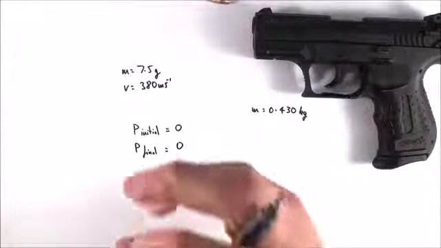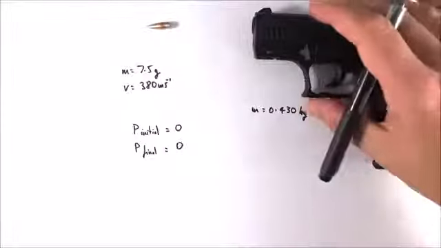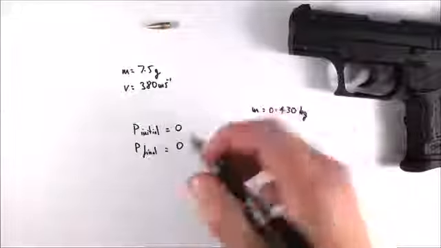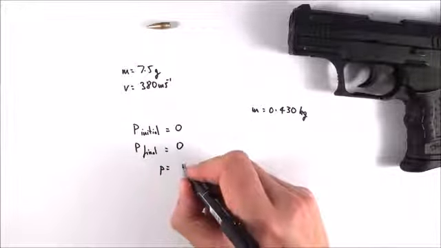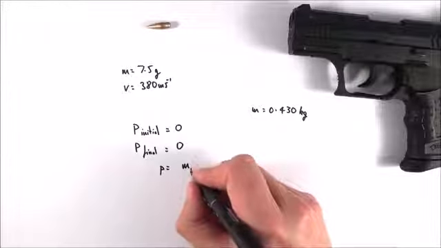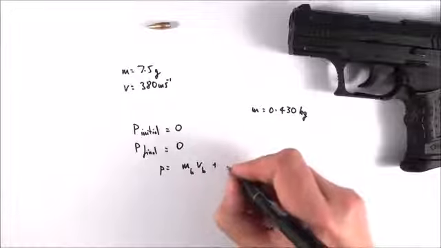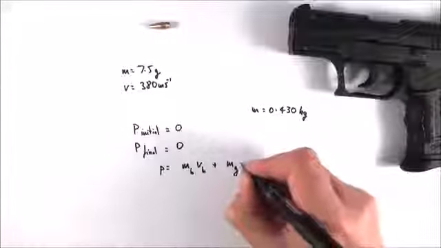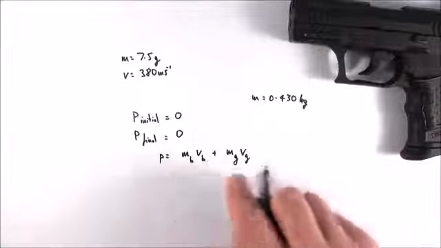But what is this final momentum made up of? First of all, you've got one thing which is moving to the left, and you've got something else which is moving to the right. So that final momentum, P, is equal to the mass of the bullet multiplied by the velocity of the bullet, added to the mass of the gun multiplied by the velocity of the gun. Okay, so we can then start to put some numbers in.